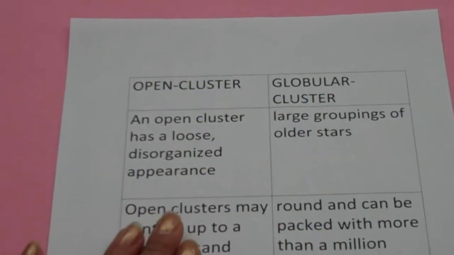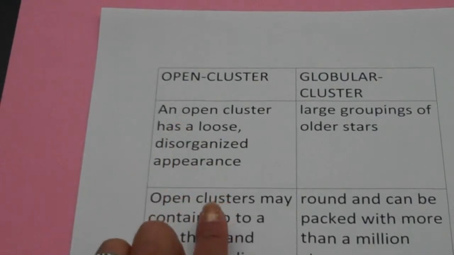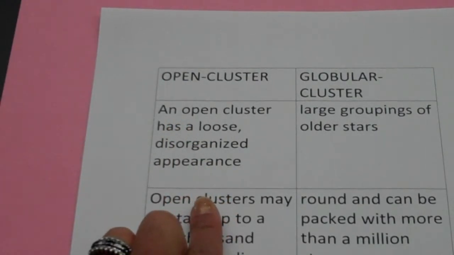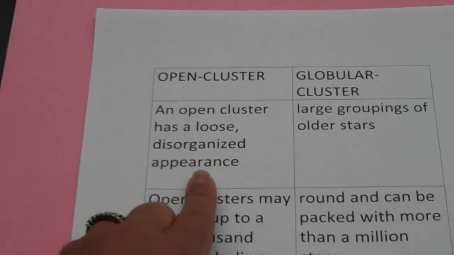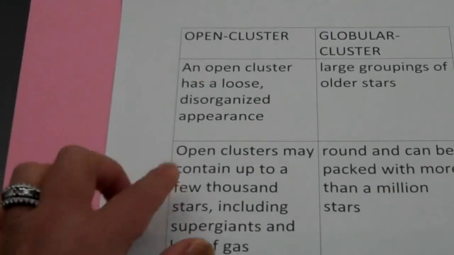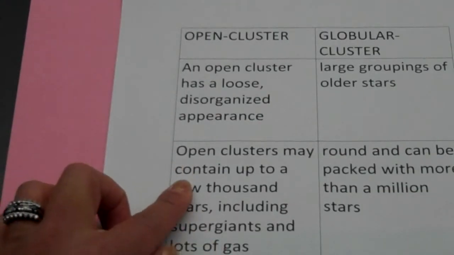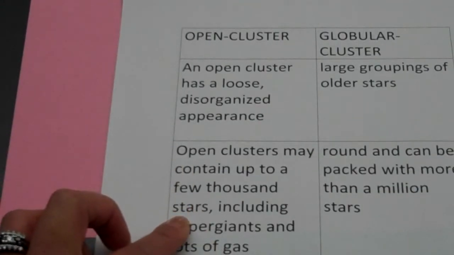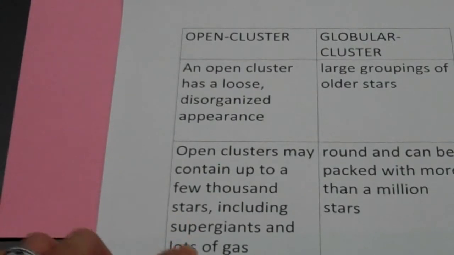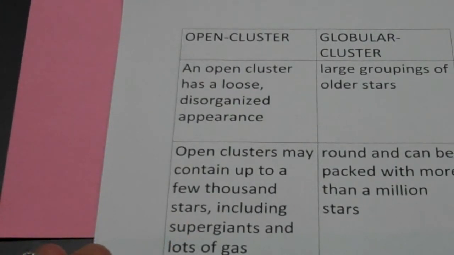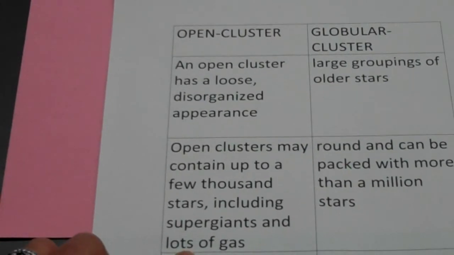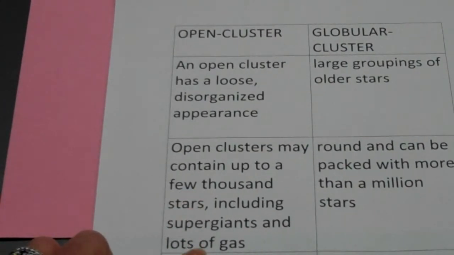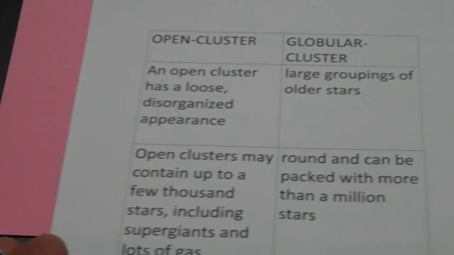On the open cluster side, an open cluster has a loose or disorganized appearance. So it looks like it's wide open and not very organized. The open cluster may contain up to a few thousand stars, including supergiants and lots of gas floating out there to create more newborn stars in the nebulas that we were talking about in the last chapter.